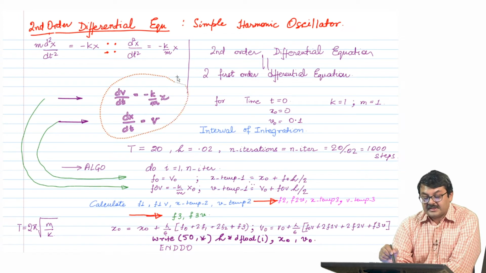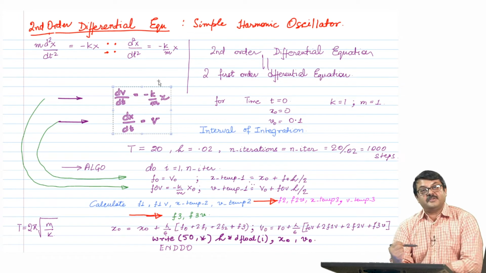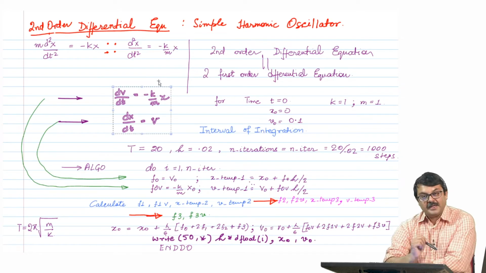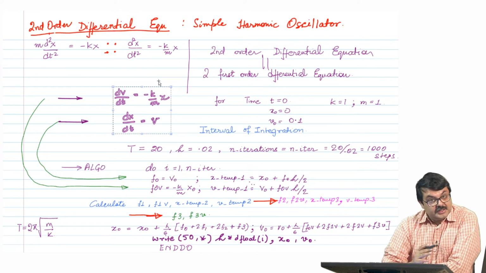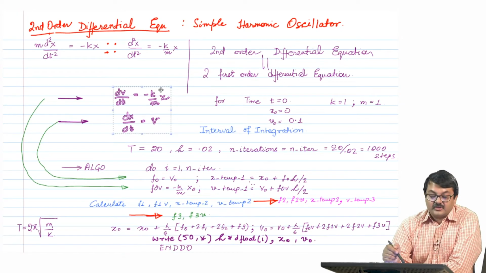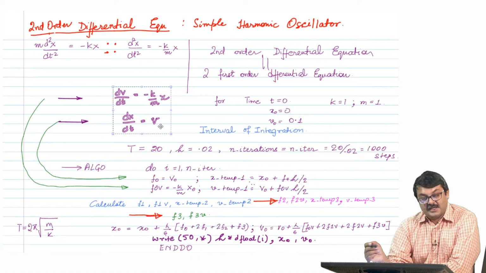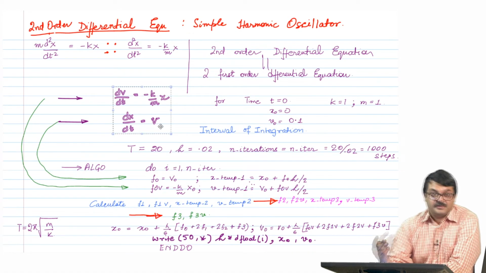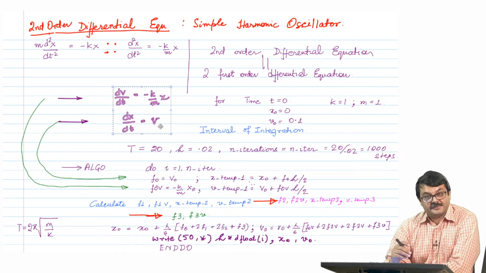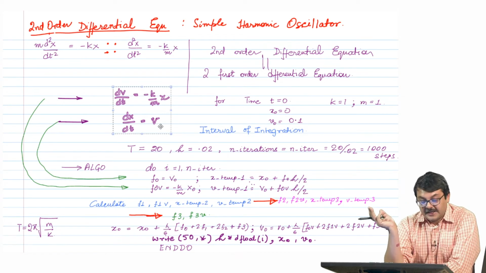So, these two equations are two first order differential equations, right, and from what you learned in last class, you can solve each of them in tandem, and so basically you will have v as a function of t. So, how does v, the first derivative, evolve as a function of time?